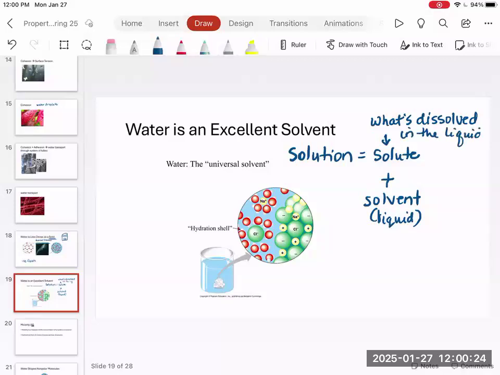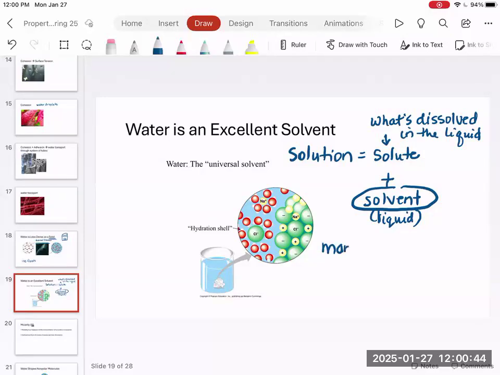So for example, if you had salt water, the salt would be the solute and the solvent would be water. Saying that water is an excellent solvent is another way of saying that certain molecules dissolve really well in water.